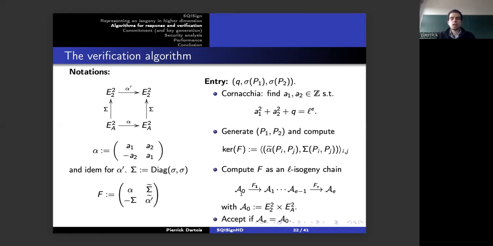And since this isogeny needs to be an endomorphism, all the verification will end up just verifying if the domain and the codomain of this higher dimensional isogeny match.